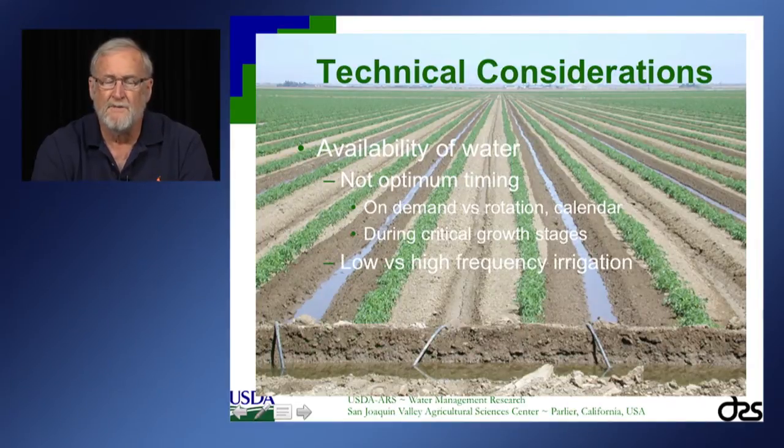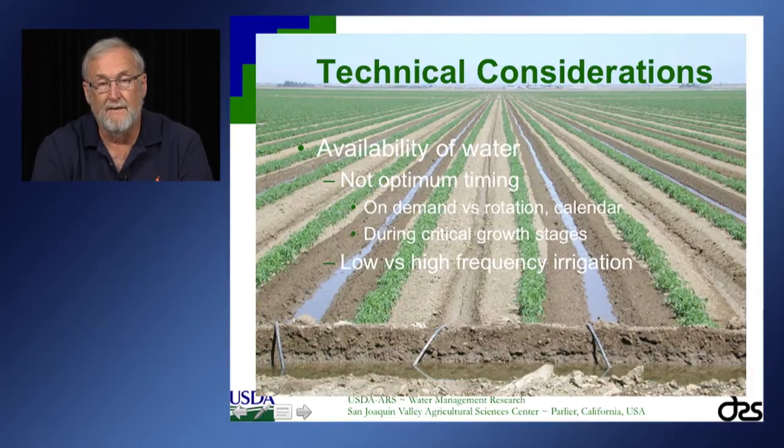One of the things that comes up oftentimes is the idea of low versus high frequency irrigation. You find this more frequently discussed when you're talking about drip irrigation systems. A furrow irrigation system would be low frequency, 1 to 2 week intervals between irrigations. High frequency with a drip system would be something like having multiple irrigations on a day, or having irrigation every 2 or 3 days.